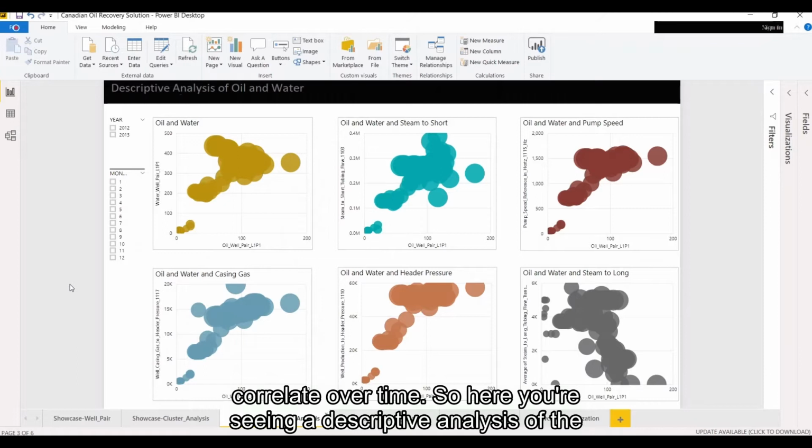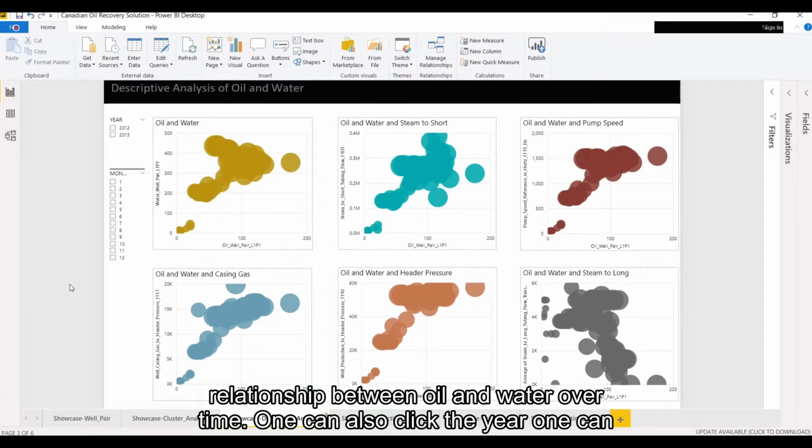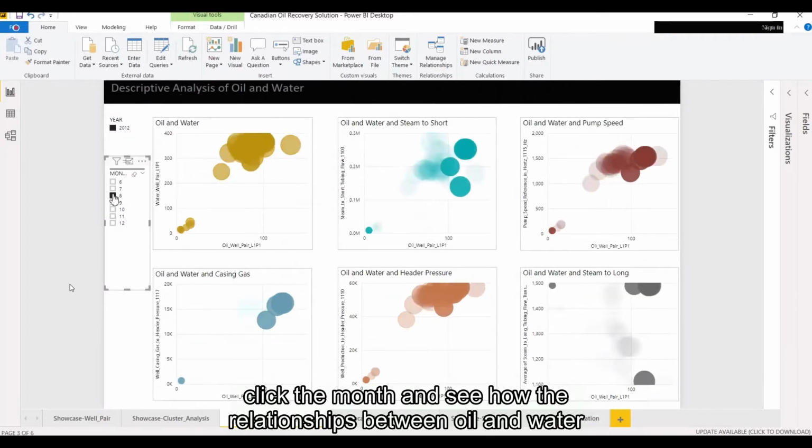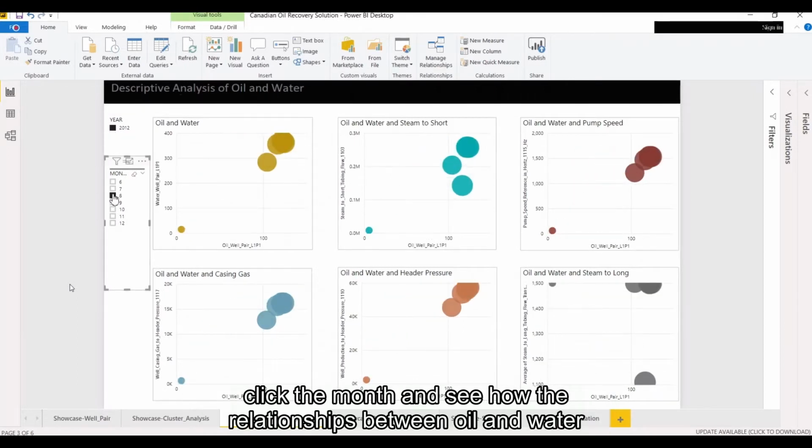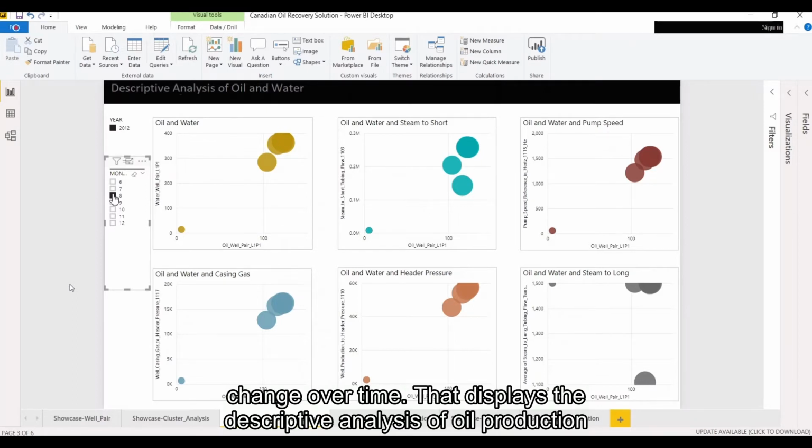So here you're seeing a descriptive analysis of the relationship between oil and water over time. One can also click the year, one can click the month, and see how the relationships between oil and water change over time.